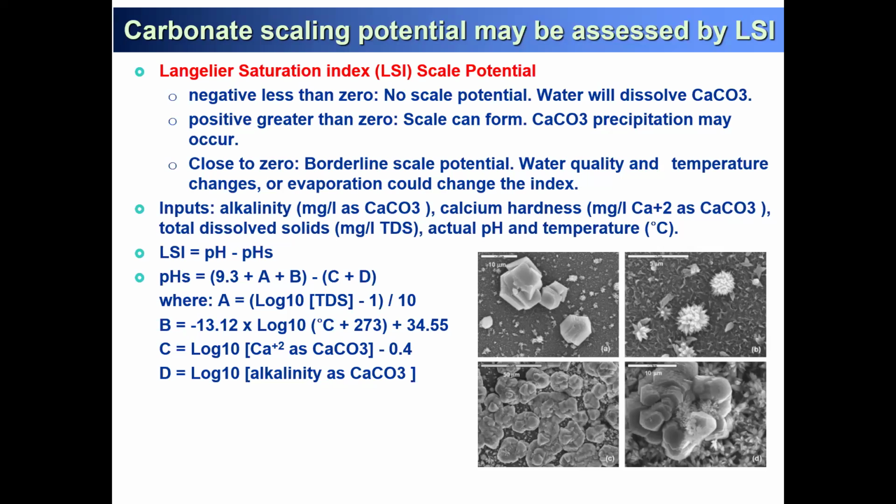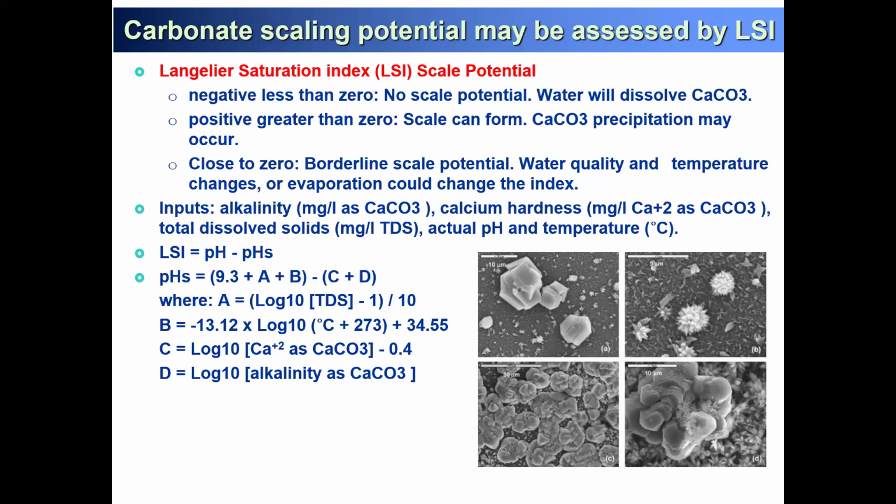So you remember the pH of the seawater is 8. But we like to decrease pH to 6 because of this LSI. If you have a high pH, you can easily form calcium carbonate and carbonate scaling potential. So whenever you have a lower pH, you will get good fouling prevention.